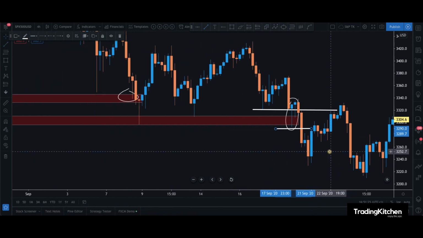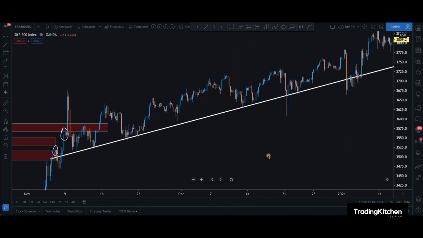But if contextualized within a structured reasoning or strict rules strategy, even pin bars can give us some interesting entries.